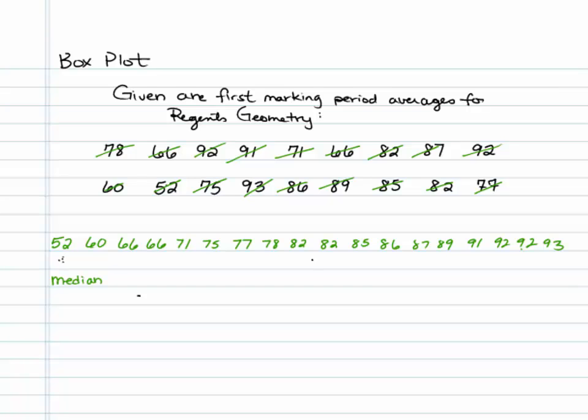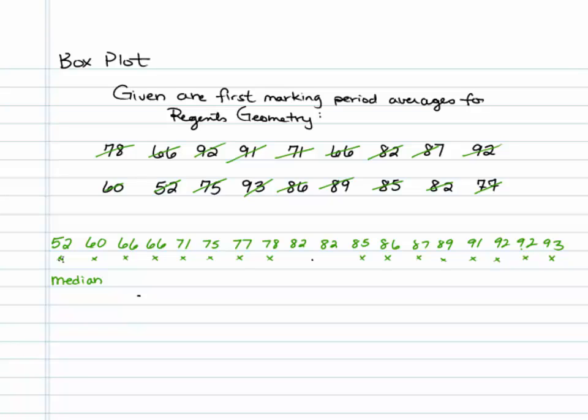And the median is one of those where you're inching towards the center. So 52, I would cross off 93. 60 and 92. 66 and 92. I don't want to write all over these numbers this time. And I end up with 82 and 82 in the middle.